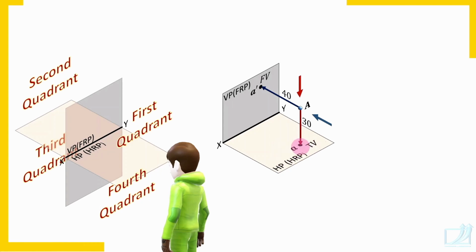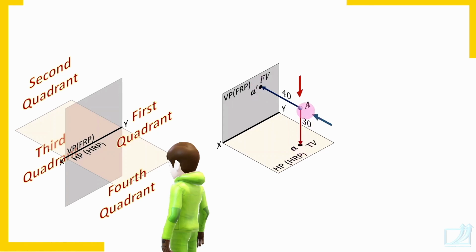So watch here, this point which is in HP, don't say that this is point A, you should say it is top view of point A, and here it is front view of point A. So view in VP is front view and view in HP is top view. In other words, projection on VP is front view and projection on HP is top view.